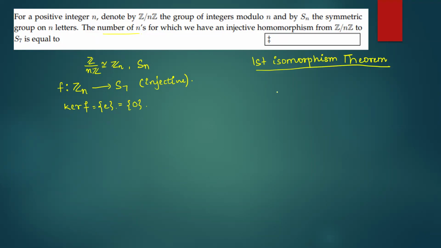The first isomorphism theorem says that if we have a homomorphism T from a group G to a group G dash, both groups having their respective binary operations, and we denote the kernel of T, then G modulo kernel of T is isomorphic to T of G, and this T of G, the range of the entire homomorphism under the group G, is a subgroup of G dash.